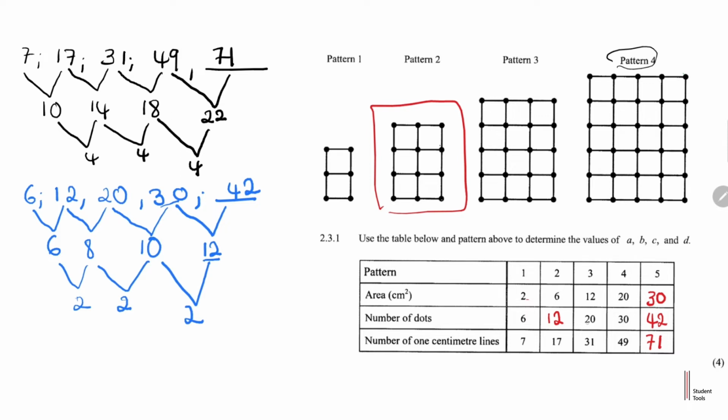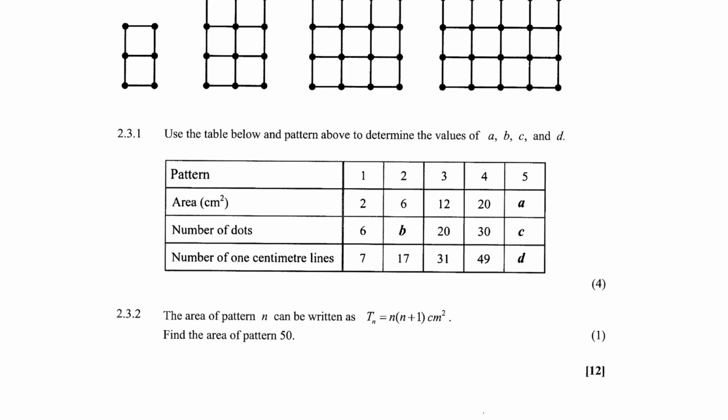So now let us move on to the next question. 2.3.2: the area of the pattern n can be written as the nth term equal to n multiplied by n plus 1 centimeter squared. Find the area of pattern number 50.